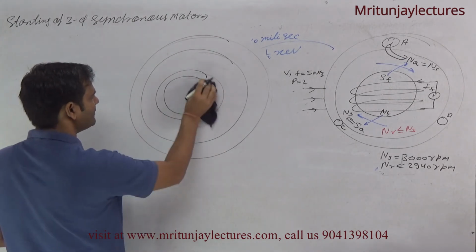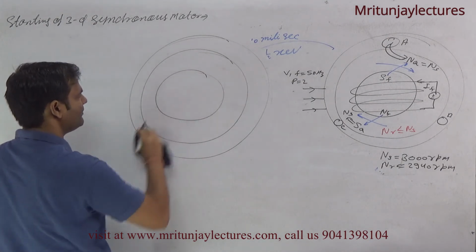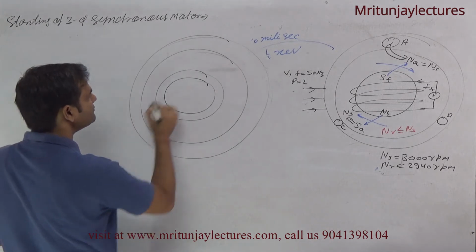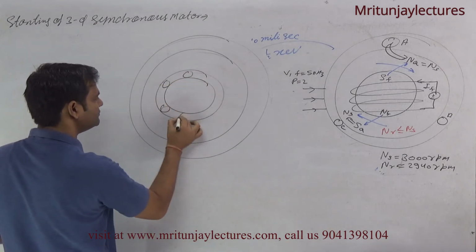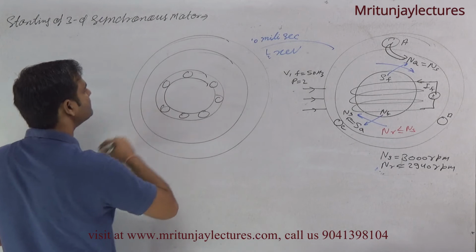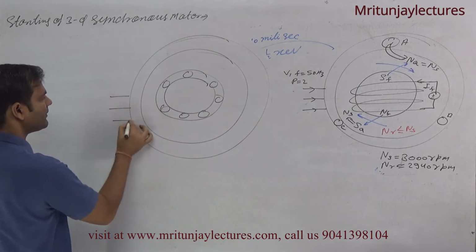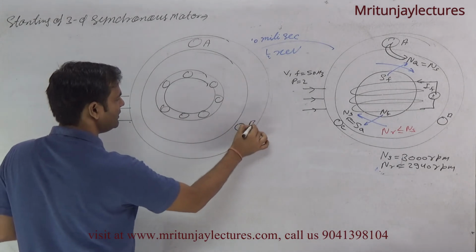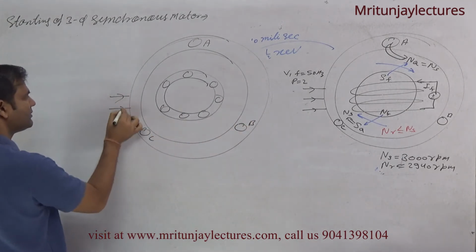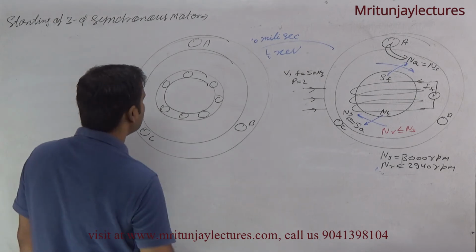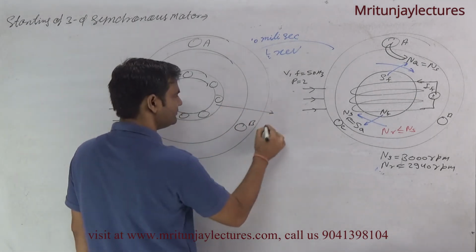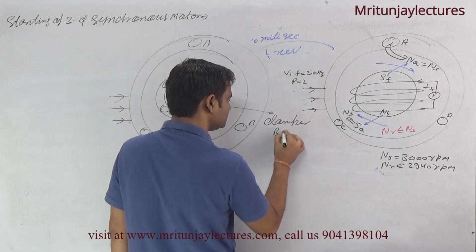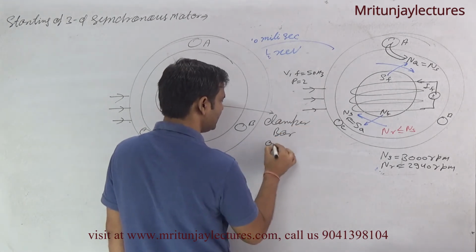As far as starting, a damper bar, or you can say damper winding, is provided on the rotor. That is A, B, and that is C. That is the damper bar, or damper winding.